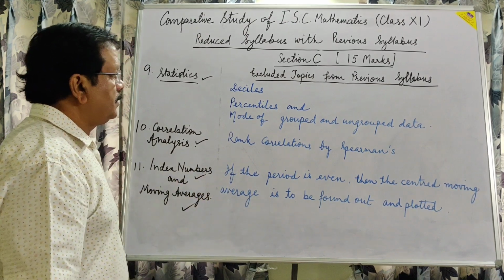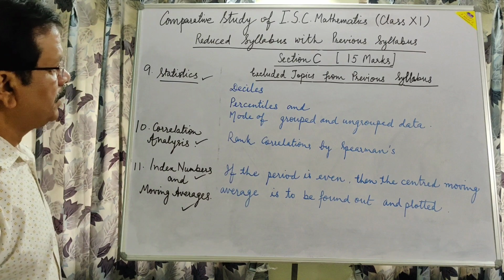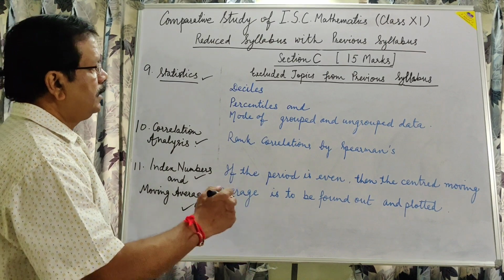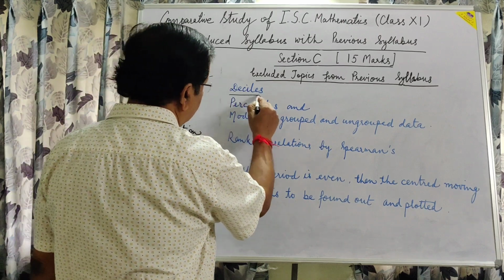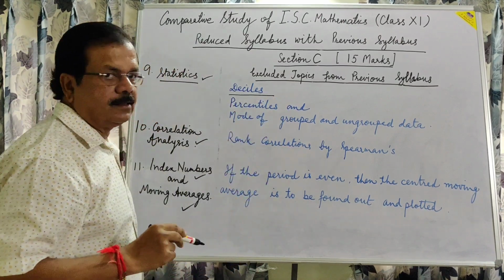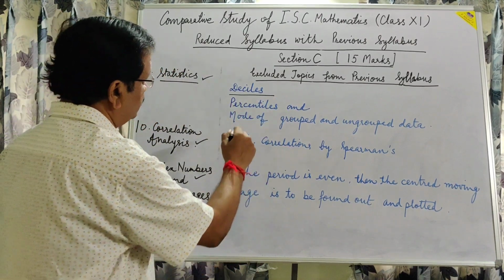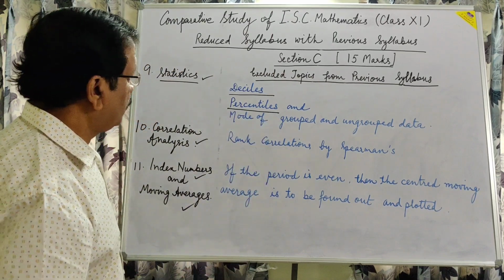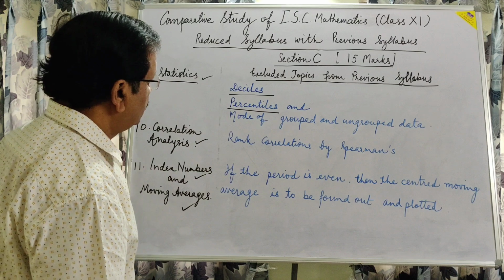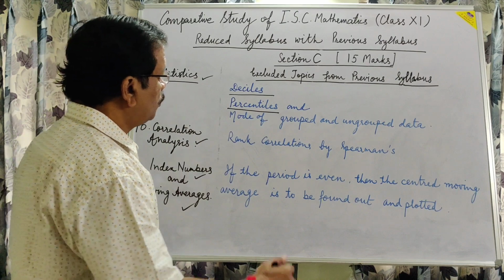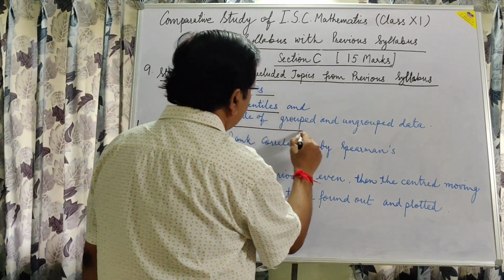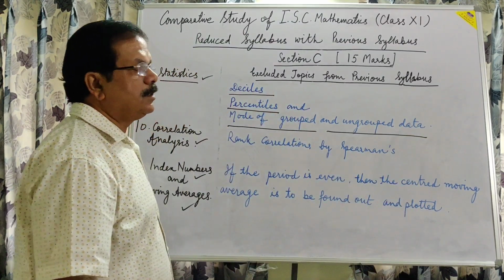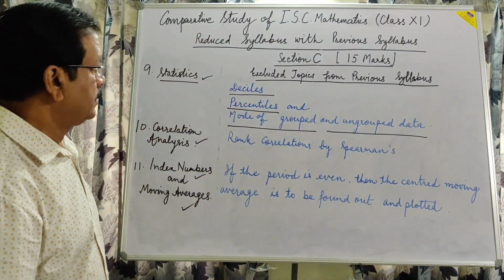From the chapter statistics, 3 subtopics are excluded from the previous syllabus, that is deciles, percentiles, and the last one from the statistics, that is mode of grouped and ungrouped data, excluded from the previous syllabus.